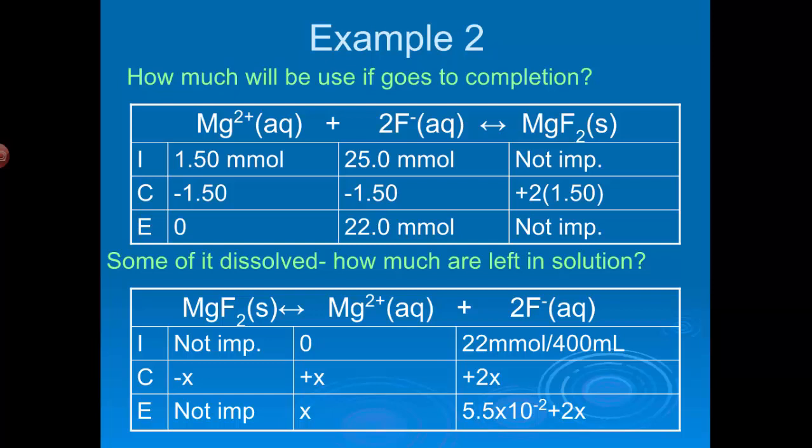Some of the magnesium fluoride dissolves, minus X. Some produces some magnesium ion, plus X, and twice as much fluoride ion, plus 2X. So at equilibrium, our expressions are X for the magnesium ion concentration and 5.5 times 10 to the minus 2 plus 2X for the fluoride ion concentration.